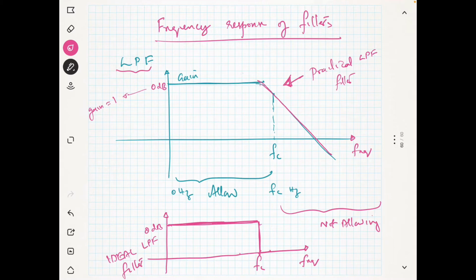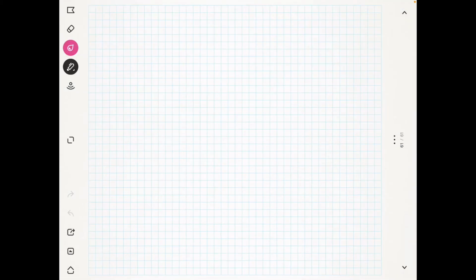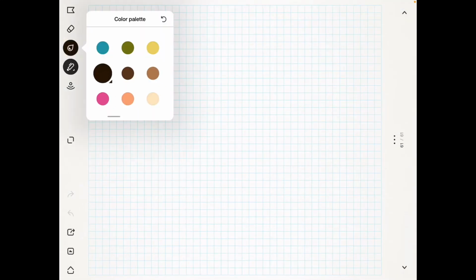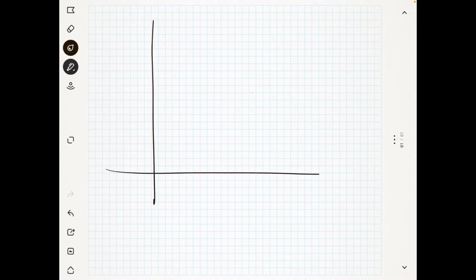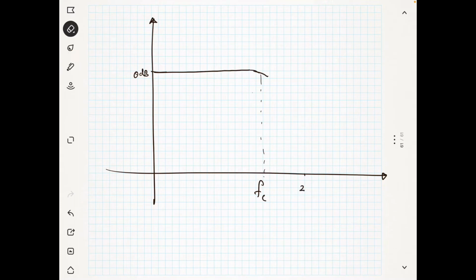Now we will see more on the low pass filter characteristics. This is the characteristic of a low pass filter practically. The gain is 0 dB, and for example this is your Fc, and this is 10 Fc.